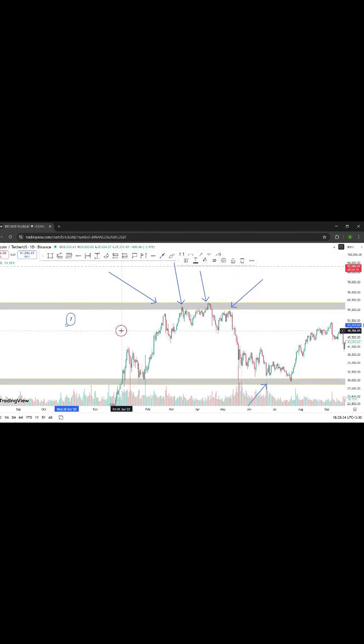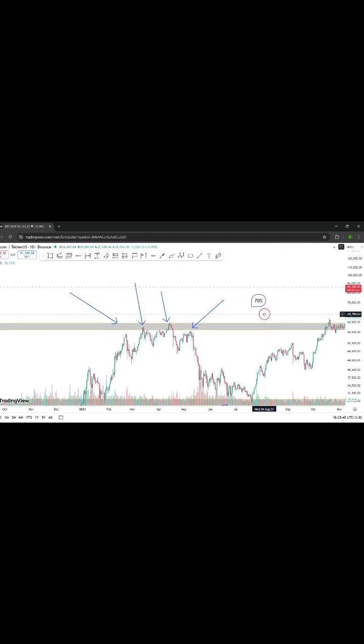You must understand again and know that, let me find it, the percent. At the 70 percent, this area will not break.